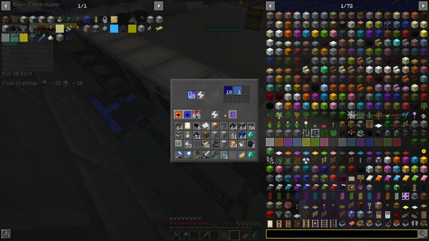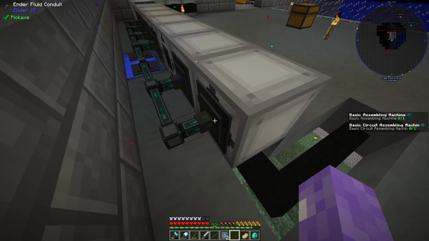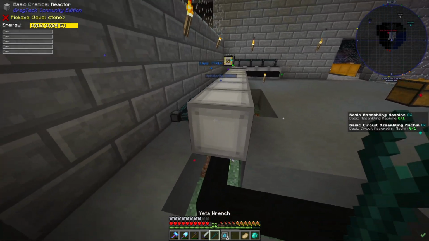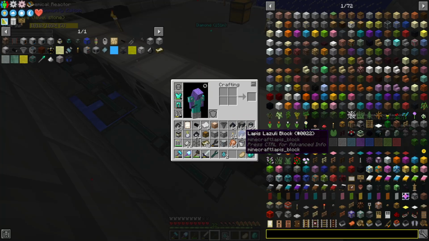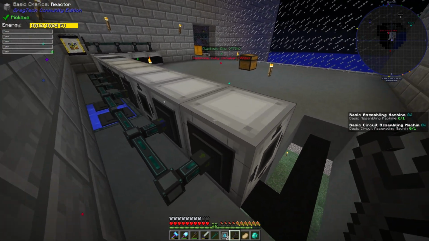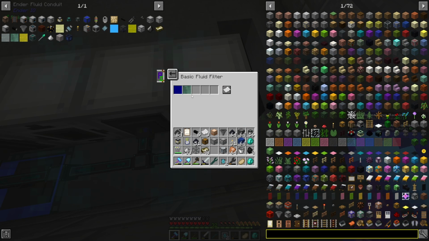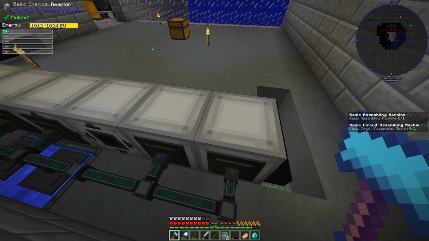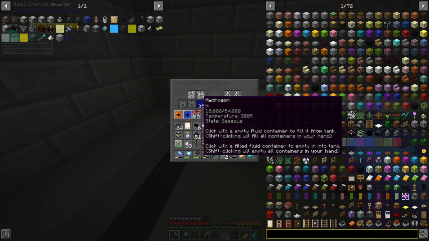Okay. Yeah, the oxygen's coming out just fine. Oh, output side. Stupid. Let's change the output side. Now it should be getting it. There we go. Okay. Keep forgetting that. It's so different. Okay, so now we have the hydrogen.